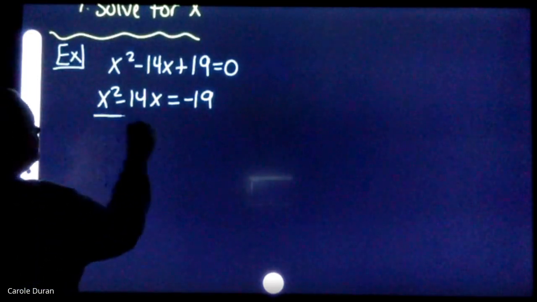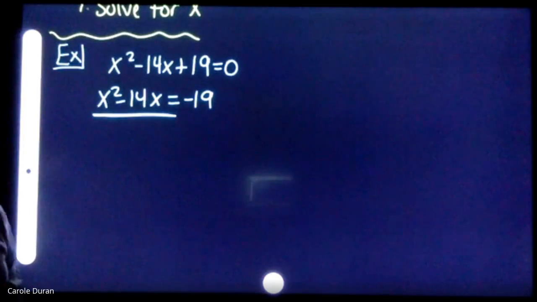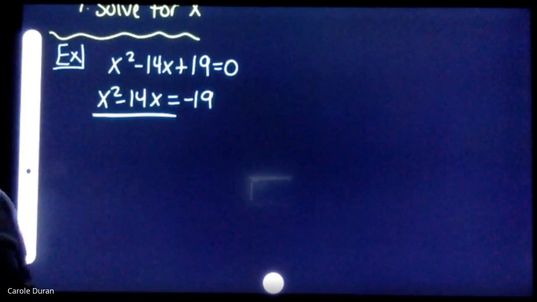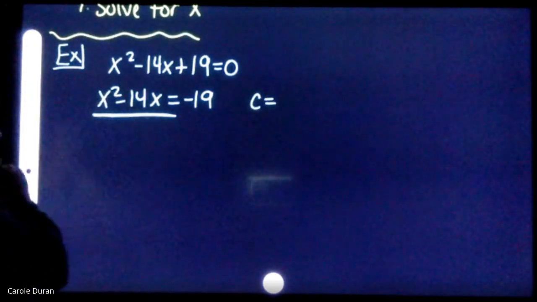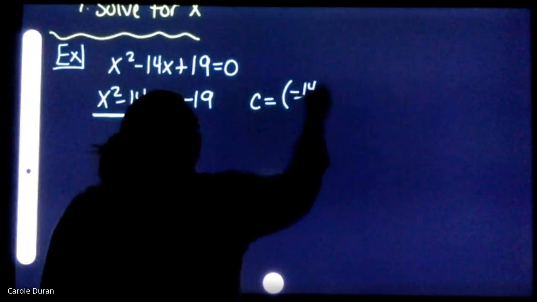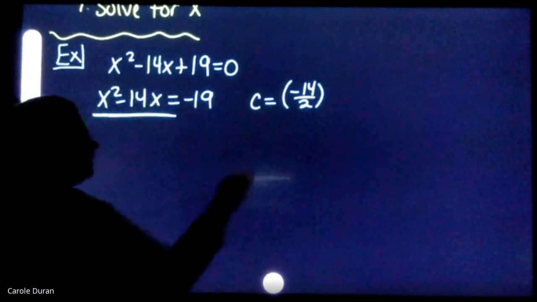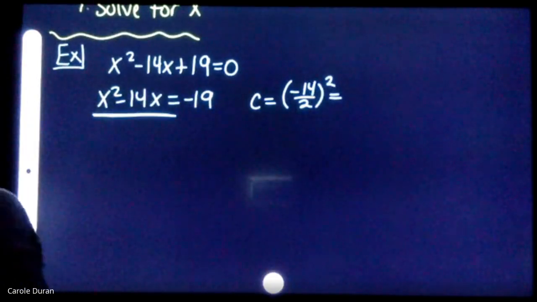Step 3 is to find the new c term that's going to turn the left-hand side into a perfect square trinomial. Just like we did before, to find that c, I'm going to take my x term, which is negative 14. I'm going to divide it by 2, and I'm going to square my answer. So negative 14 divided by 2 is negative 7.